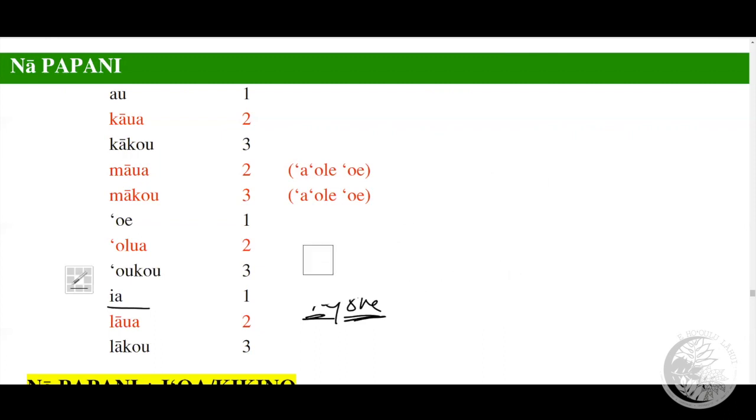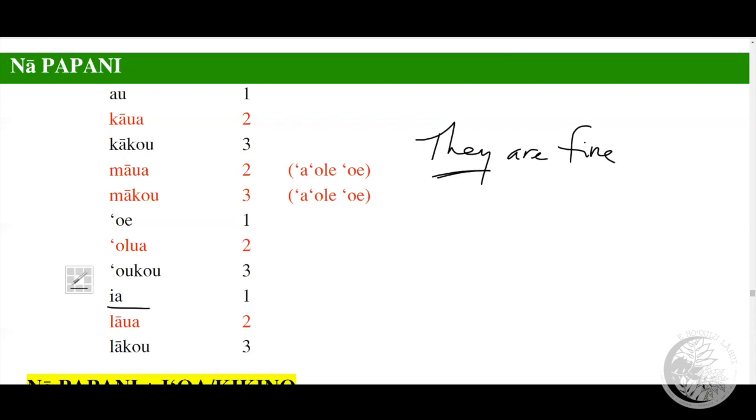Now, we should also pay attention to some language in English. When I say, how is he? How is she? Pehea 'oia. Sometimes in English, they would use the word and they might say, oh, they are fine. And this word they is used in English when they're not distinguishing between a he or she.